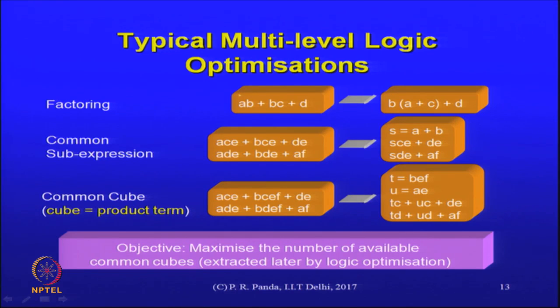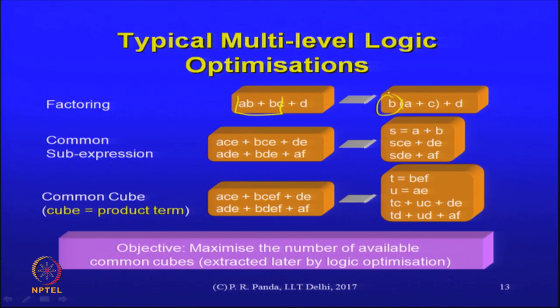If you see something like this, b, the same variable, occurring in a complemented way or in an uncomplemented way in multiple terms like that, then I can extract out a common factor. Why is this a good idea? What does this optimize? It optimizes the number of gates.